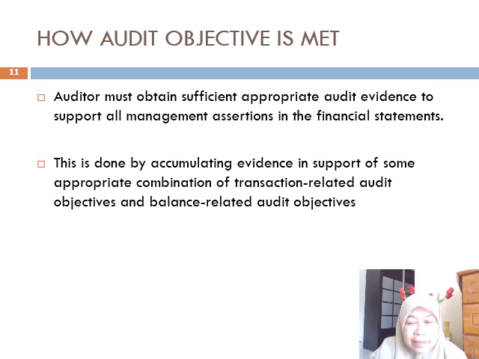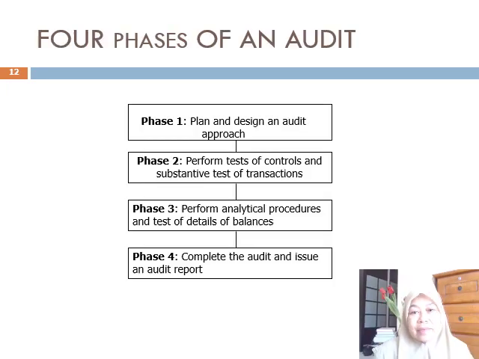As I said earlier, management assertions are going to be covered in a separate video. So the auditor here has to accumulate evidence, and it has to be a combination of the transaction related audit objectives and balance related audit objectives.